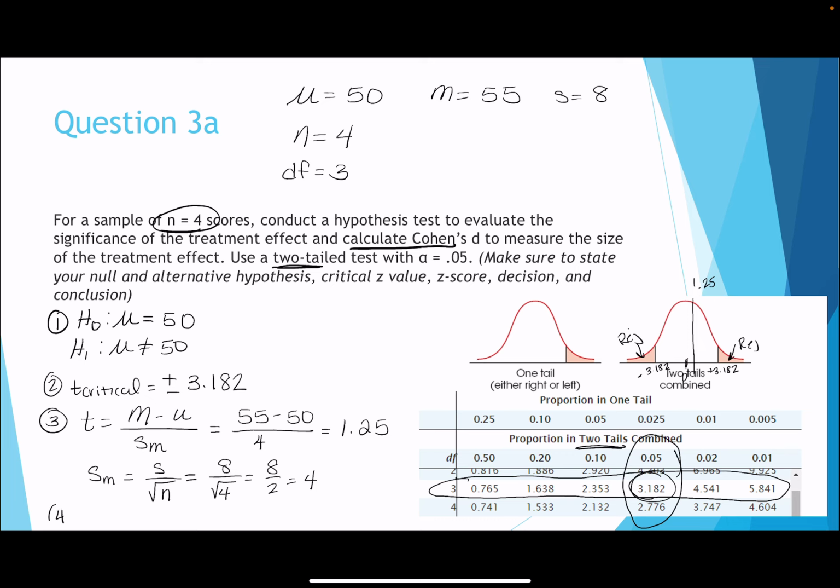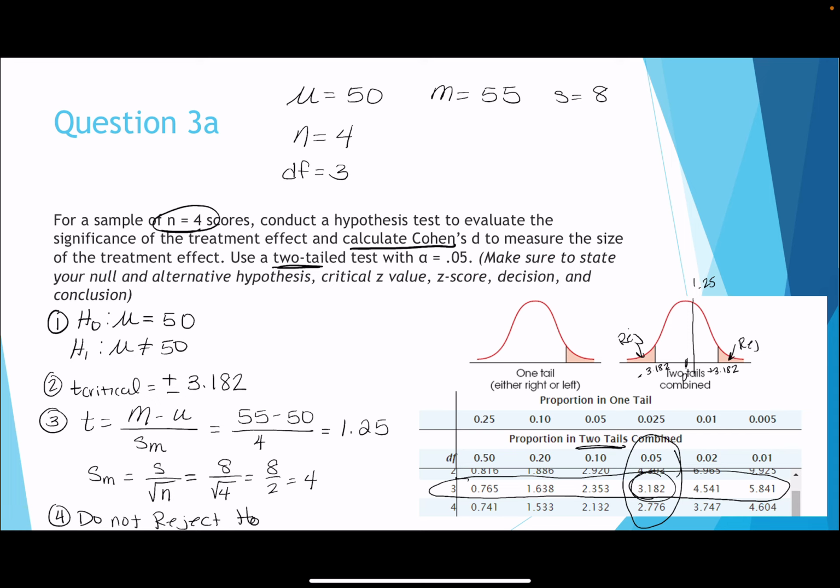So my decision here is that we do not reject the null hypothesis. That means that at an alpha level of 0.05, there is not significant evidence to show that there is a difference between the population and the sample for this particular treatment.